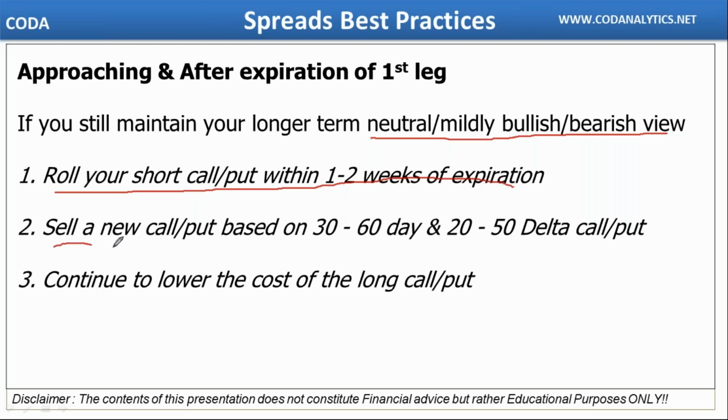Or you can sell a new call or put based on 30 to 60 days and a 20 to 50 delta. So you either roll over or sell a new call or put with 30 to 60 days to expiration or a 20 to 50 delta. The essence of all this is to continue to lower the cost of the long call or put.